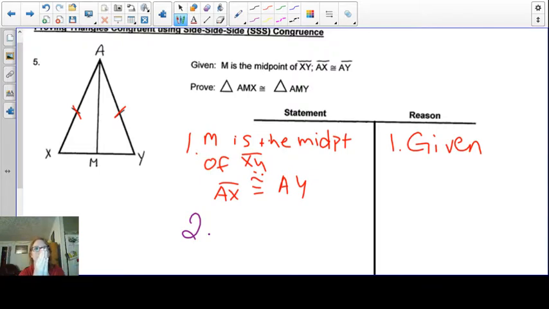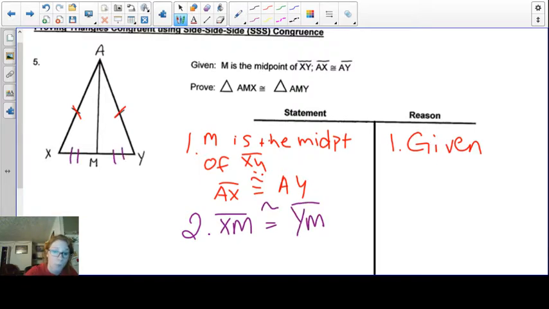Dead center in the middle is 6 inches because it's half of it, and this half has to be 6 inches, and this half has to be 6 inches. So that means that XM has to be congruent to YM, definition of midpoint.